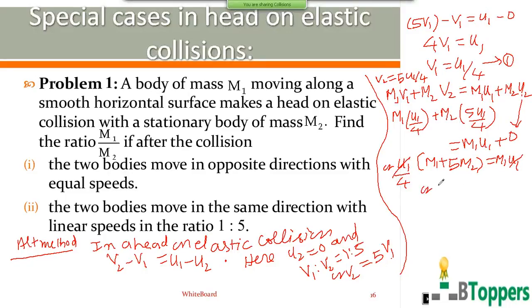So now you can cross multiply and simplify this. So even if you want to copy the solution by the alternate method also, you can copy the solution. If you need more time to copy the solution, you can take a pause and copy the solution. So you get the same answer, M1 by M2 equal to 5 by 3.